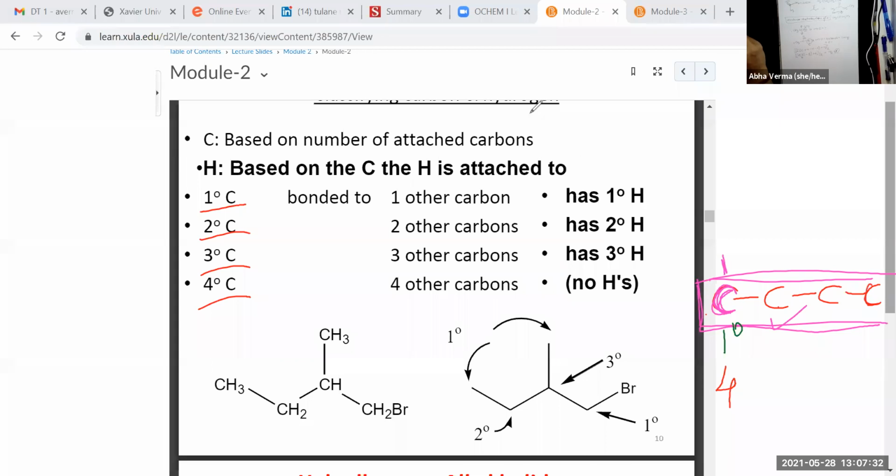Similarly, if you look at this last carbon, 1, 2, 3, 4, this particular carbon, carbon number 4, how many carbons is that carbon attached to? Anyone? Okay, once here.